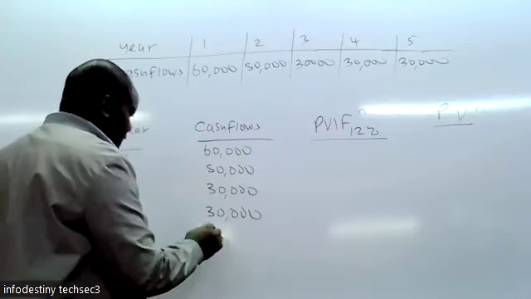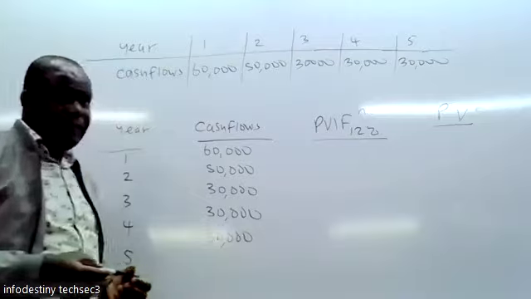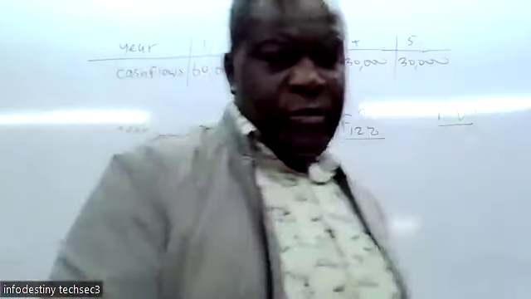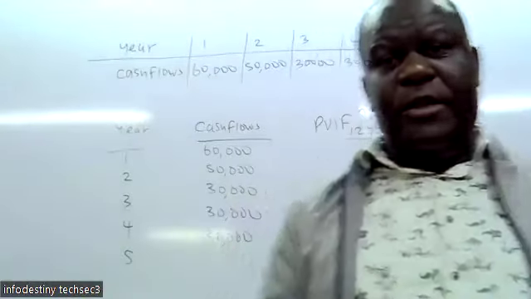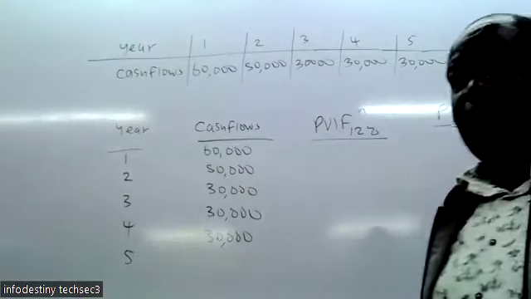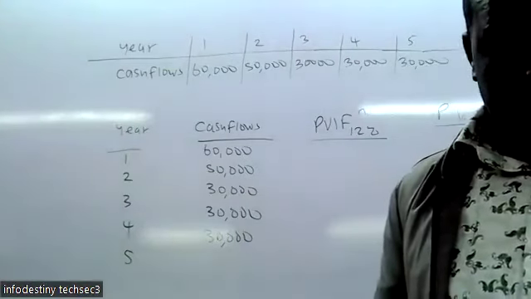Year 5 is 30,000. I would like us to use the other table, which is not the annuity table.